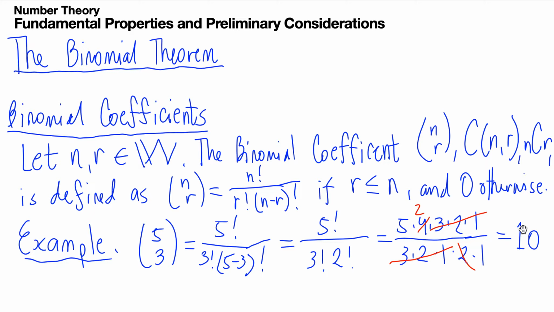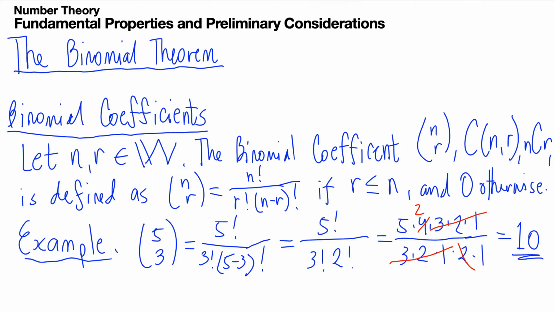So that's how we use our binomial coefficients. Again, this is like the combinations in our basic probability, alongside the permutations, if you can remember. But here we're going to call them the binomial coefficients. The answer here is 10.